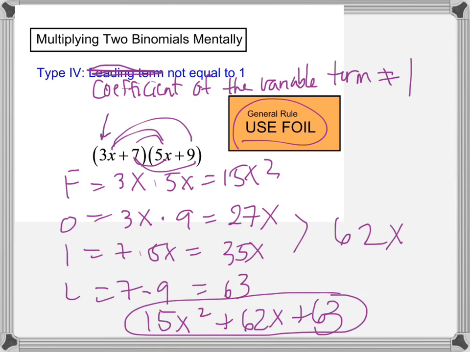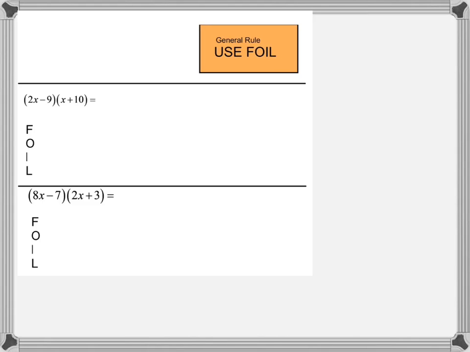Okay, we have just a couple more examples. So again, even though one of the variable terms has a 1, there's a 2 for the other coefficient. So we have to just use FOIL here. So our first terms are 2x times 2x, which is 2x squared.